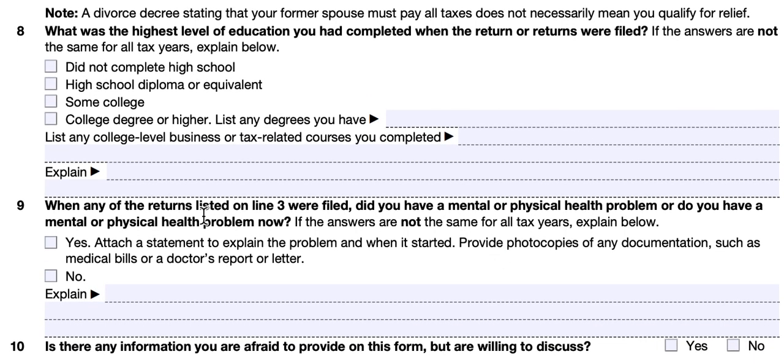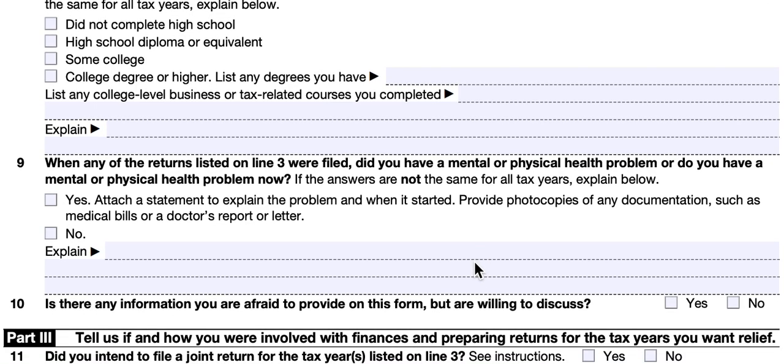And then line 9, did you have any mental or physical health problems that might have impacted your tax return? And then is there any information that you really don't want to put on the form, but you would be willing to talk to an IRS representative?